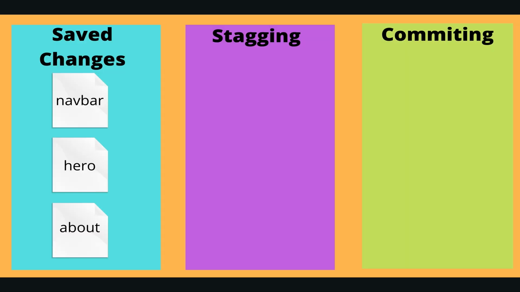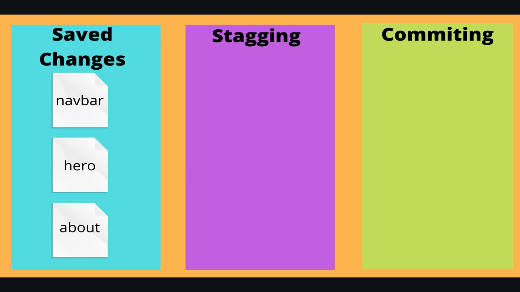So I'm going to just show you this example over here. Right here, we have our saved changes. So this is inside of our actual directory, our working directory. We have a bunch of these files, and we made changes to these files, and right now they're changed. They are our saved changes.